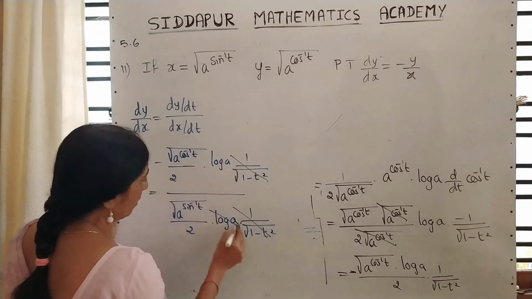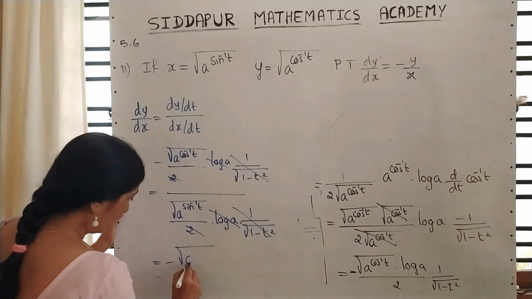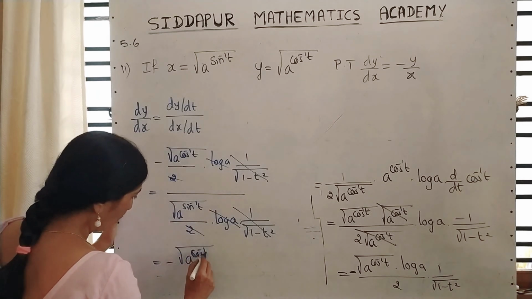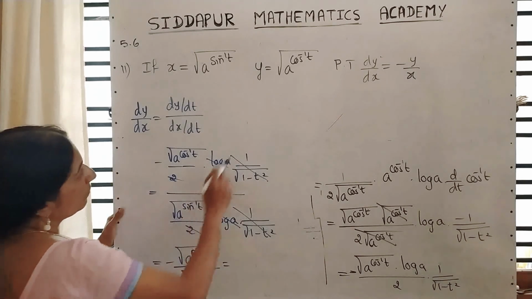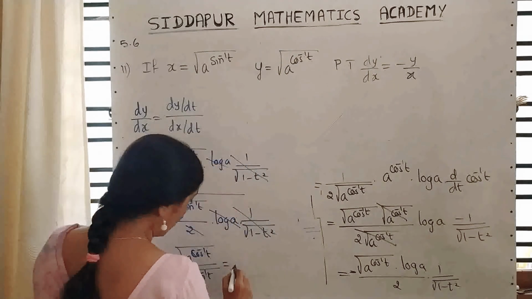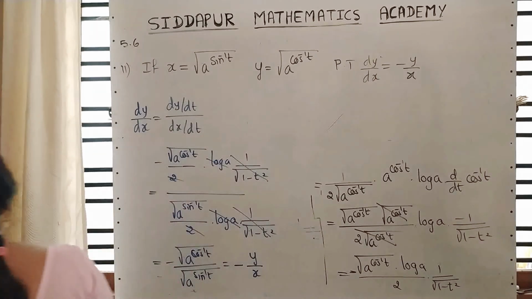This term gets cancelled, log a cancels, 2 cancels. Minus root of a raised to cos inverse t upon root of a raised to sin inverse t. See the given problem: root of a raised to cos inverse t is y and this is x. This is the required result.